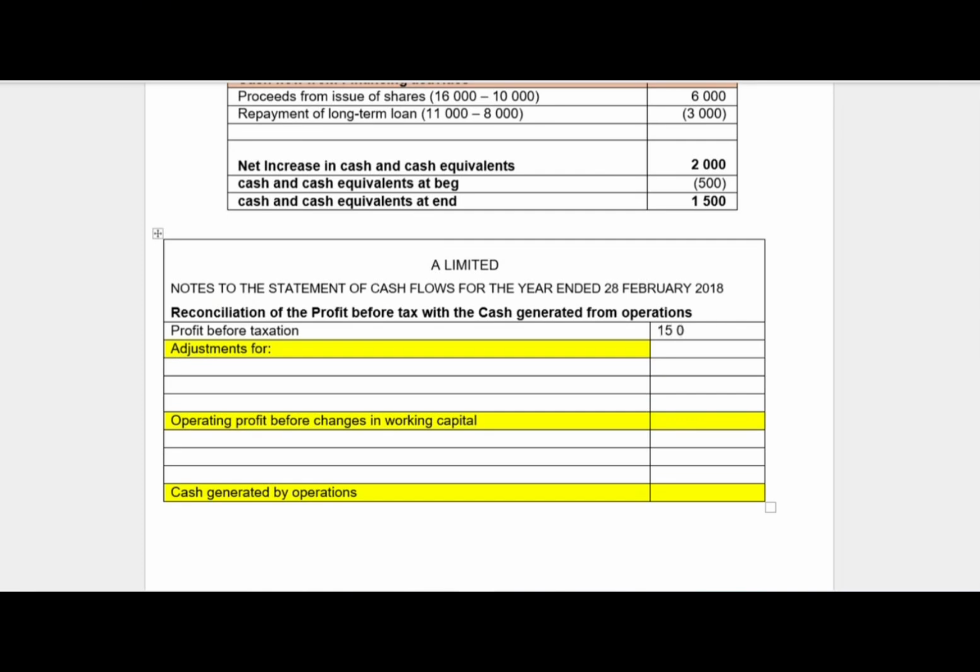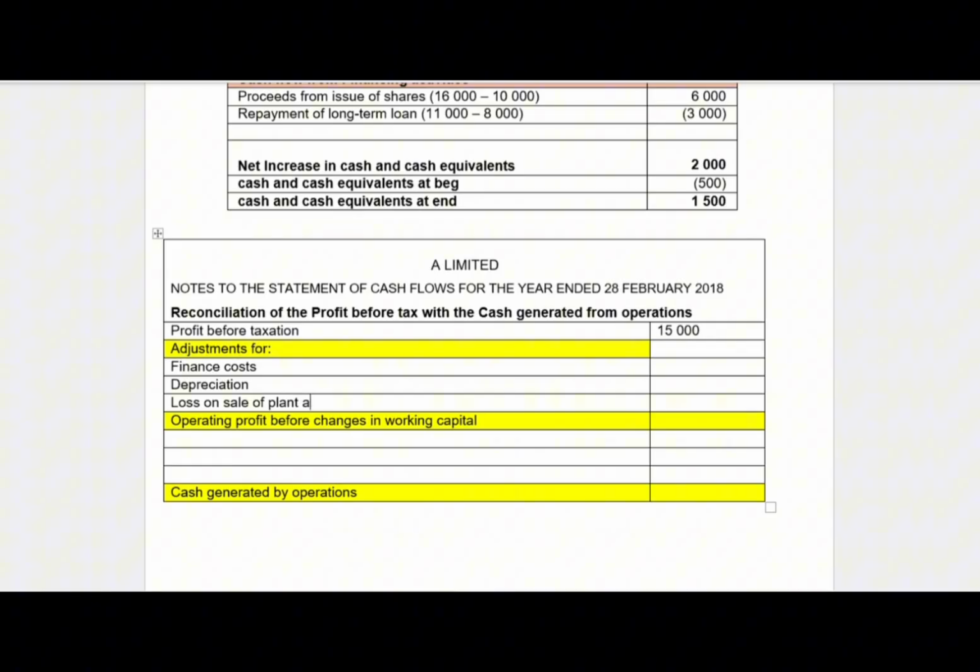So 15,000. All right. And then we need to adjust for finance cost, and we need to also adjust for depreciation, and we need to adjust for loss on sale of plant and machinery.